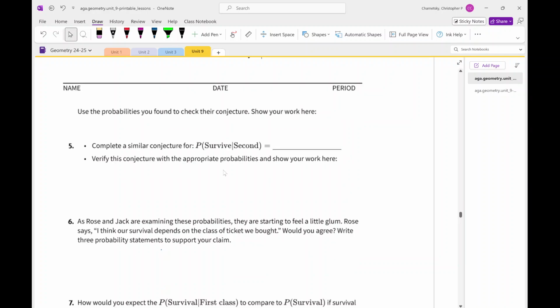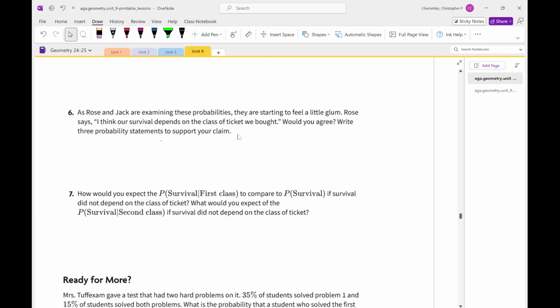Okay. More importantly, though, we have questions 6 and 7, which is kind of getting to the point of this. So as Rose and Jack are examining the probabilities, they are starting to feel a little glum. Rose says, "I think our survival depends on the class of our ticket. Would you agree?" Right? 3 probability statements to support your claim.